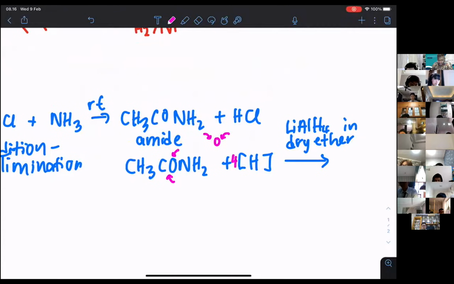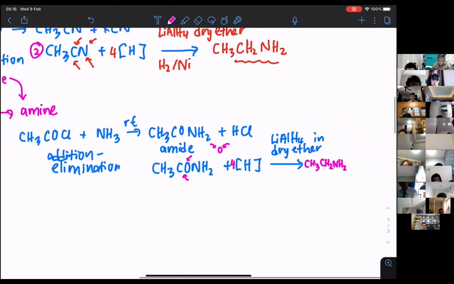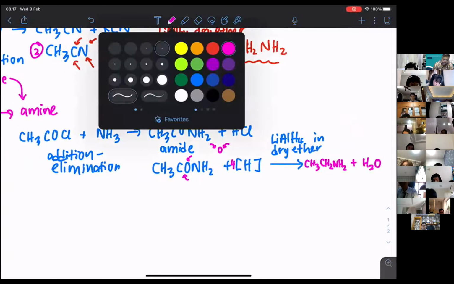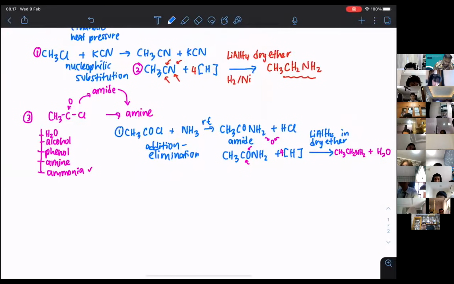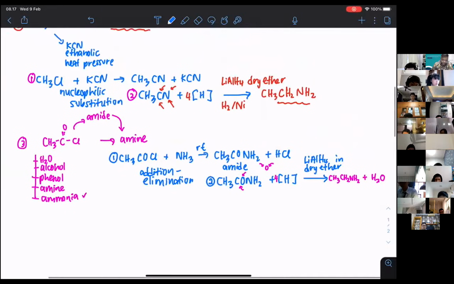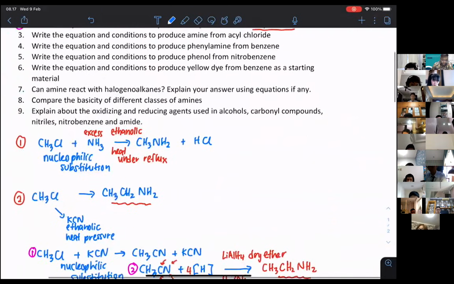You will have CH3CH2NH2 and 1 mole of water. So this is the reaction. There are a total of 2 reactions involved in the conversion, number 1 and number 2. That is the answer for question number 3.